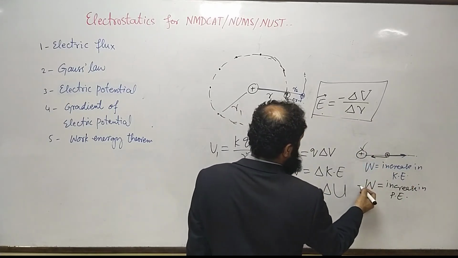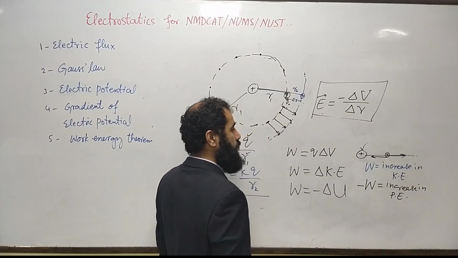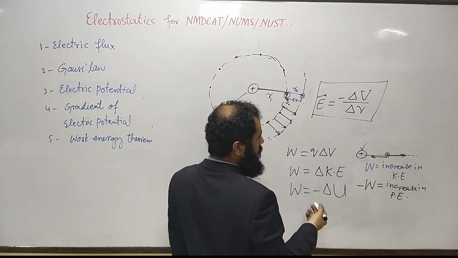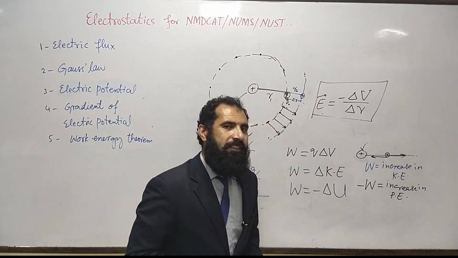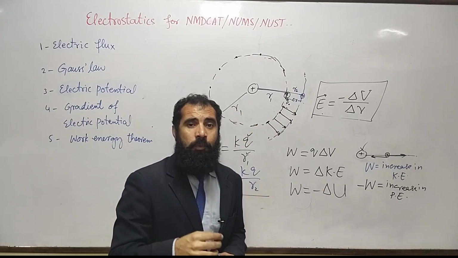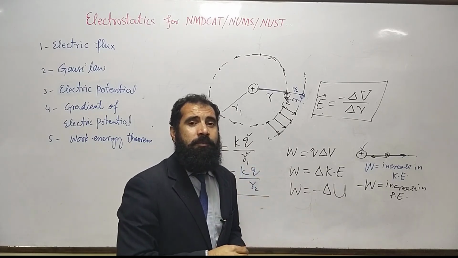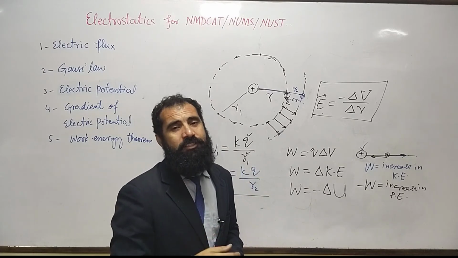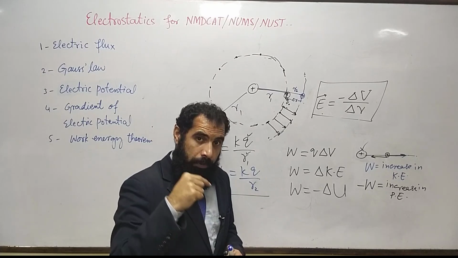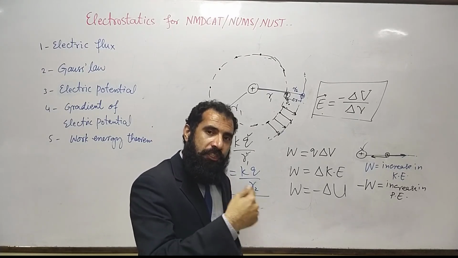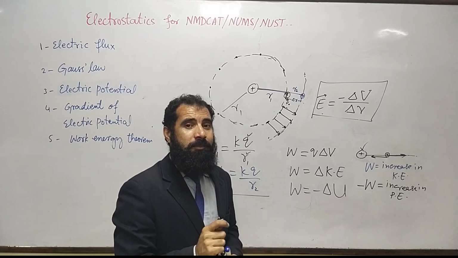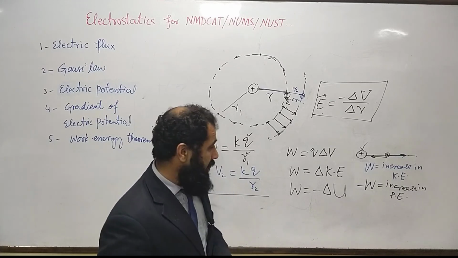But this work is negative for that positive source because it is against the field lines. The work that is done by the system increases the kinetic energy, and the work that is done on the system increases the potential energy.